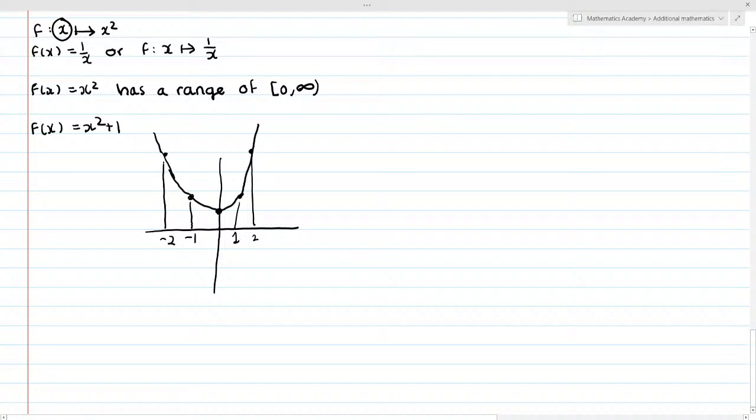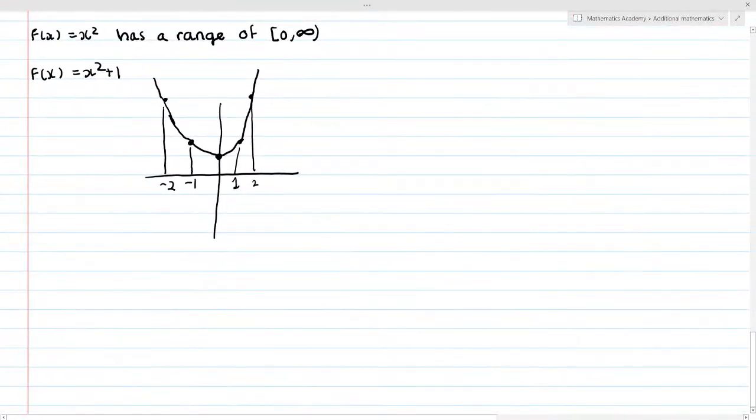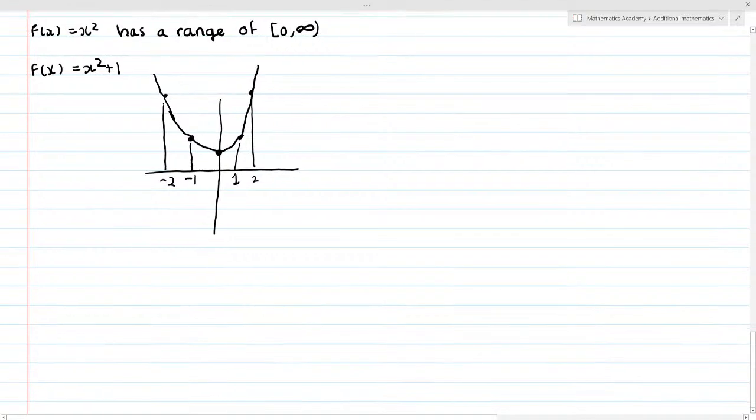But the range is different here. So what's the range in this case? Remember, to think about what the range is, we need to think about what values of y we get on this curve. What are the y coordinates of the points on this curve? Well, 0 is clearly not the y coordinate of any point on the curve, so 0 will not be in our range.